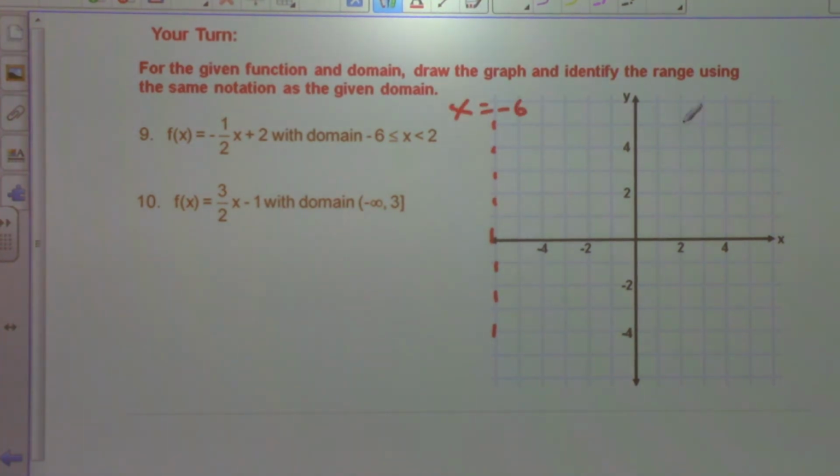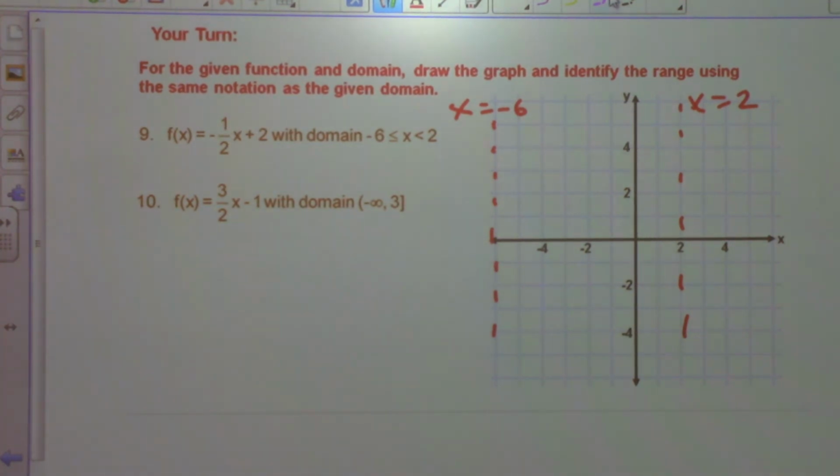And then you can go over here to the right and mark x equals 2. And then you can get your equation here, your function.